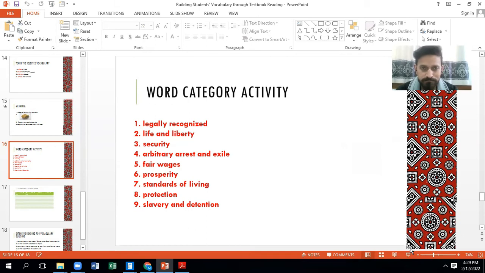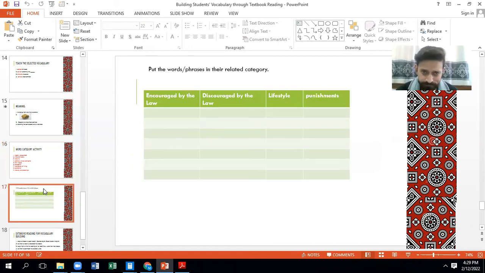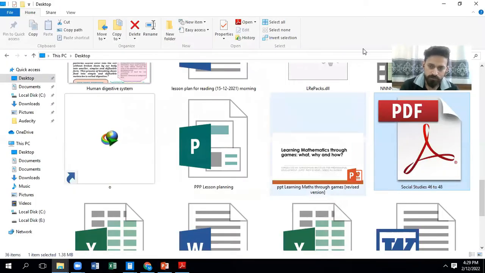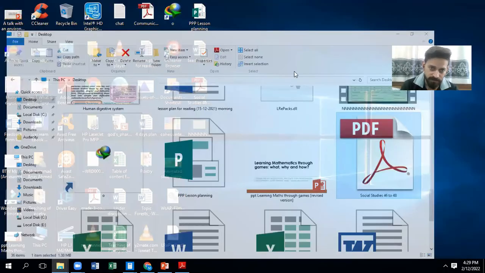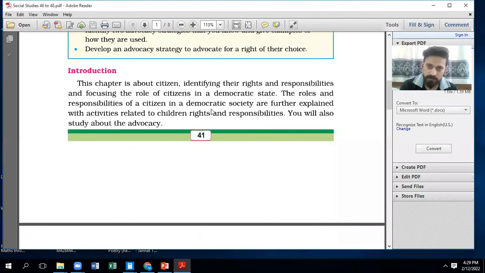Protection, encouraged by law, very good. Slavery and detention, discouraged by law, very good. Nice answers. So let me show you the text as well so that you read and understand the text and see if these words are going to help you somehow in understanding this text.